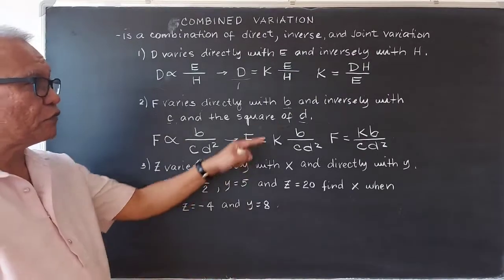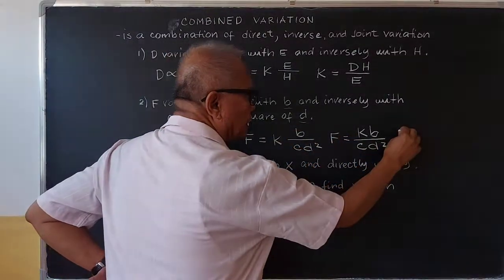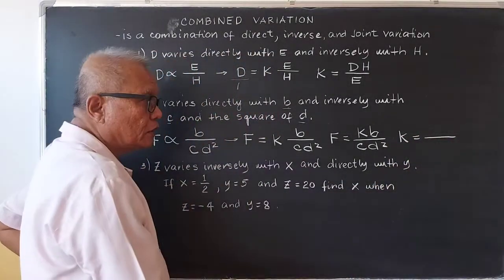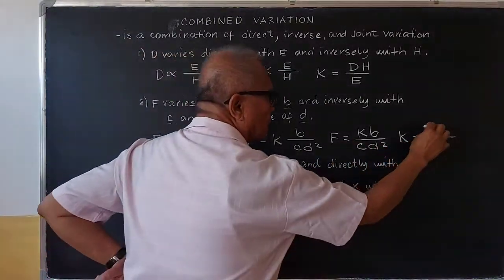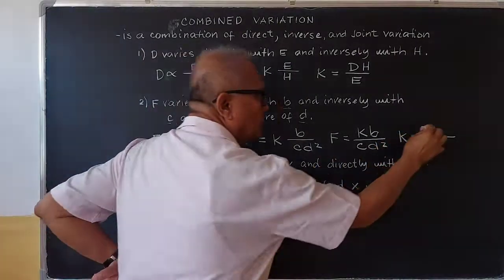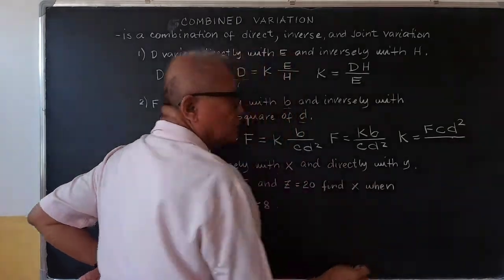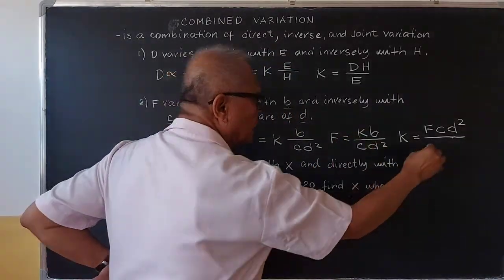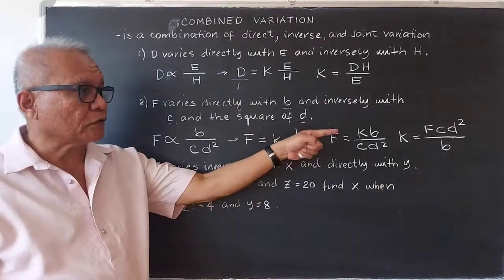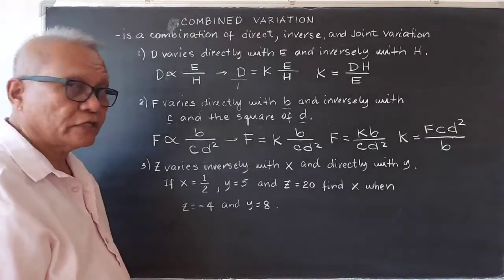And then solving for K, the constant of variation, K is equal to, put the fractional bar, F above here times the CD squared, over down the B, so we have B. So that is the equation for the constant of variation K, F CD squared over B.